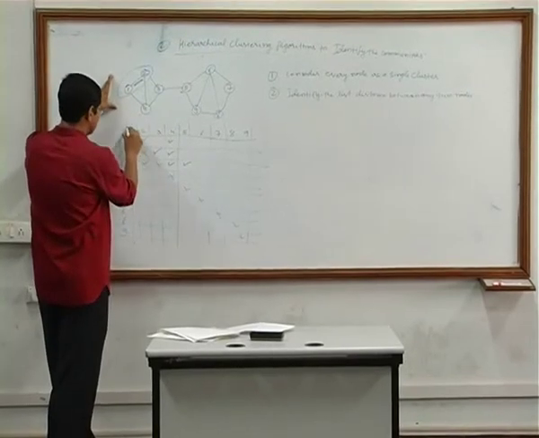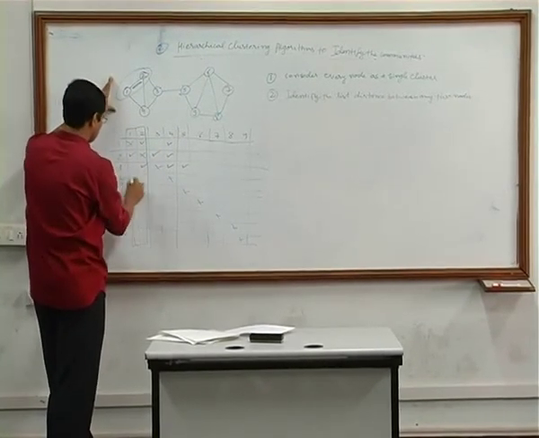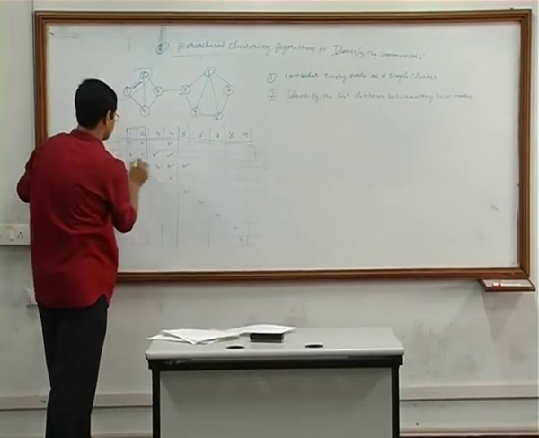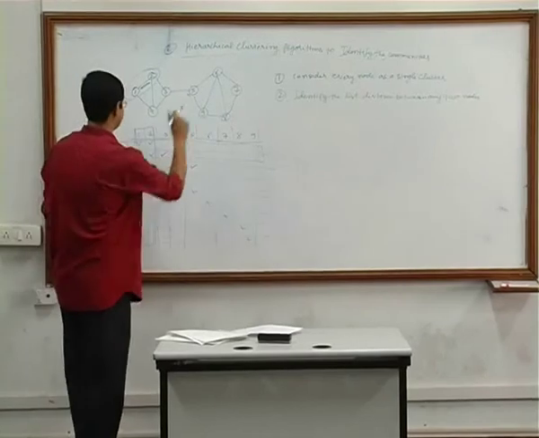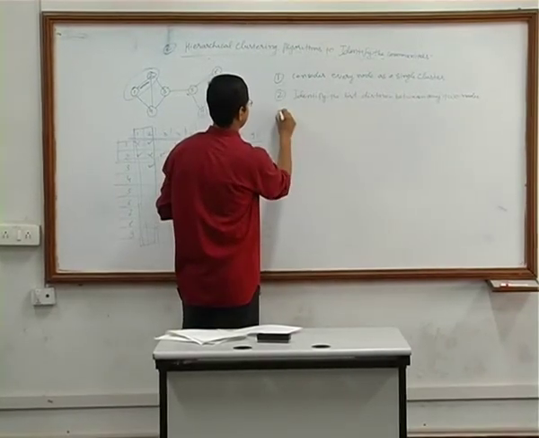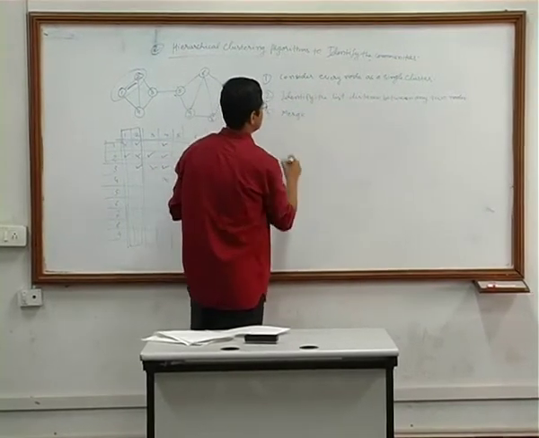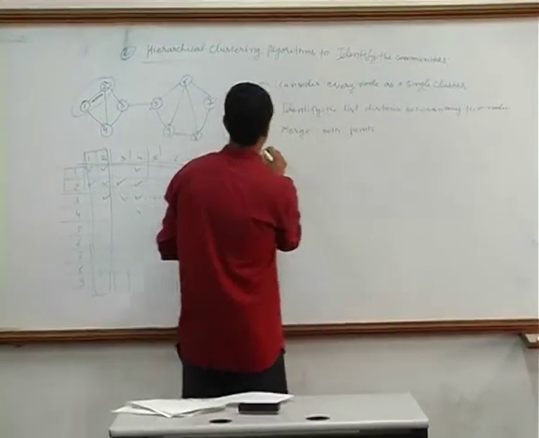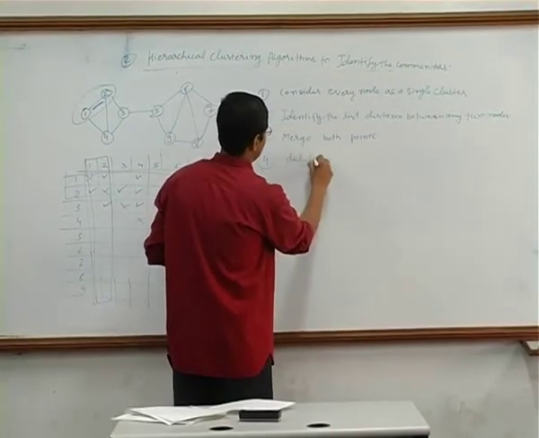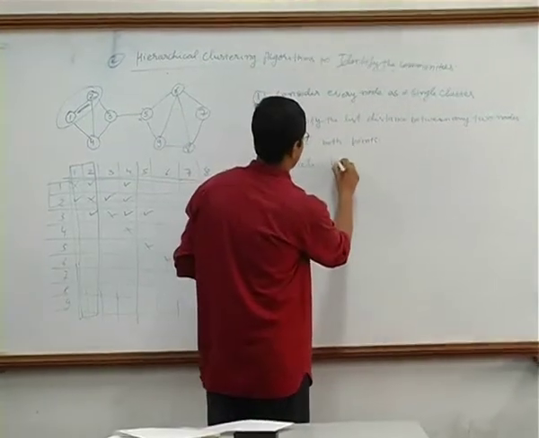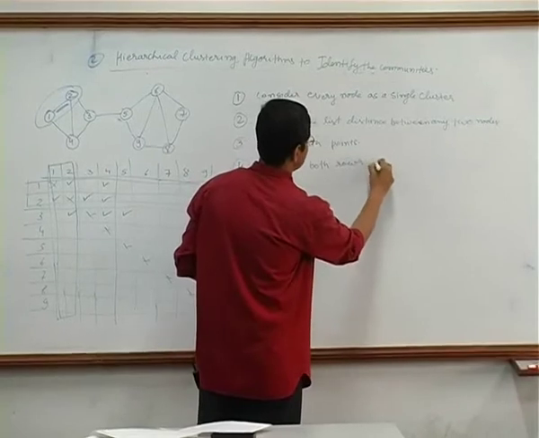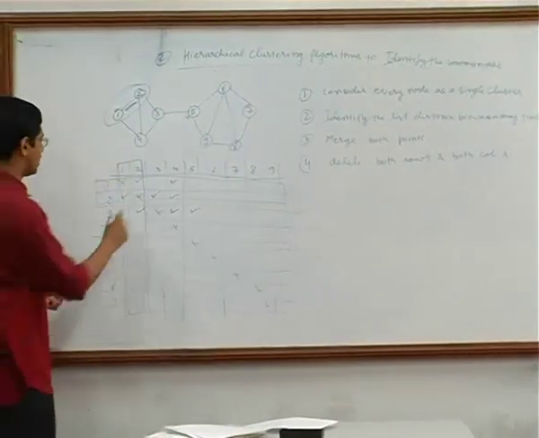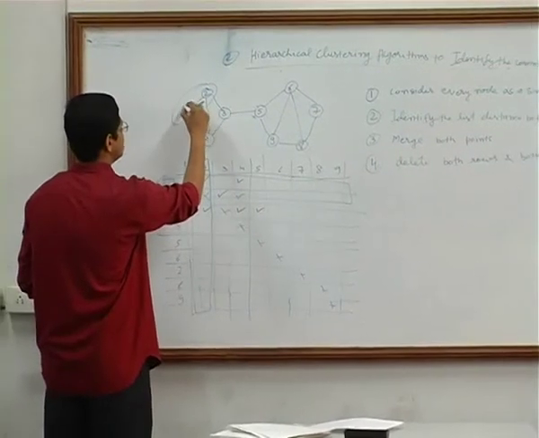and after merging, delete both columns and both rows, and merge both points, and after that delete both rows and both columns, and after that recalculate the distance.